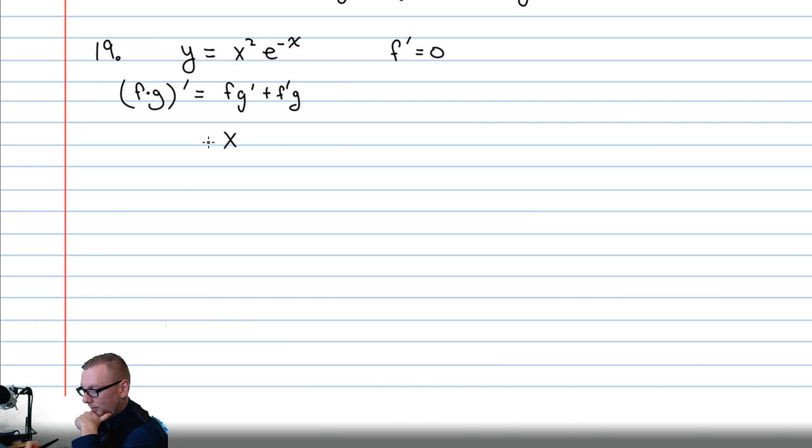So we've got minus x squared e to the minus x. And we've got f prime, which is 2x e to the minus x. Right? So we've got to set that equal to 0, and we'll find out where it's increasing or decreasing to find the critical points, and we'll go from there, right?